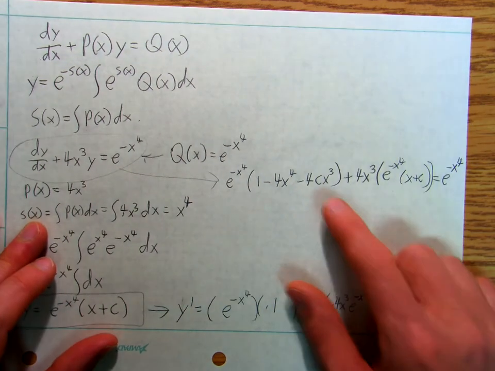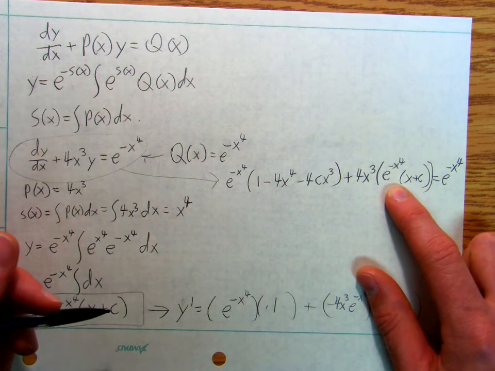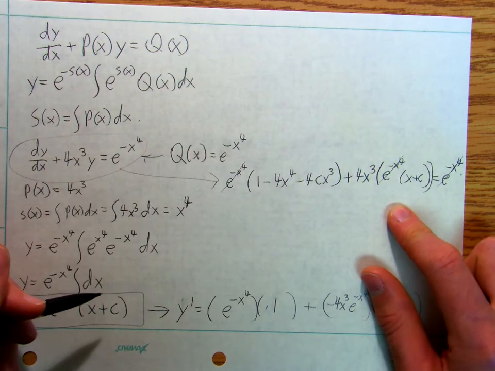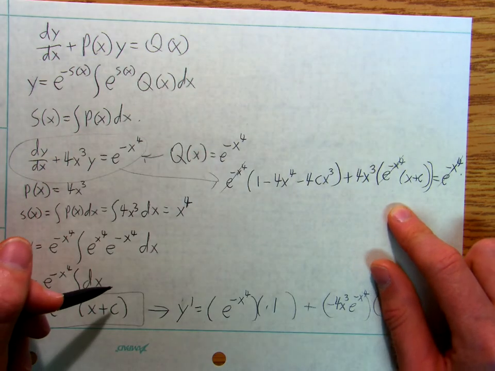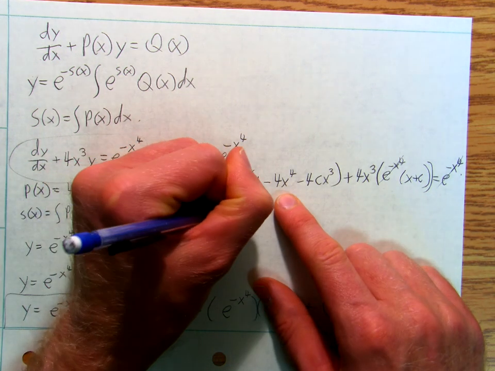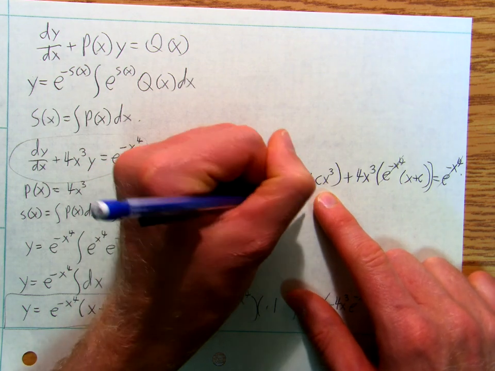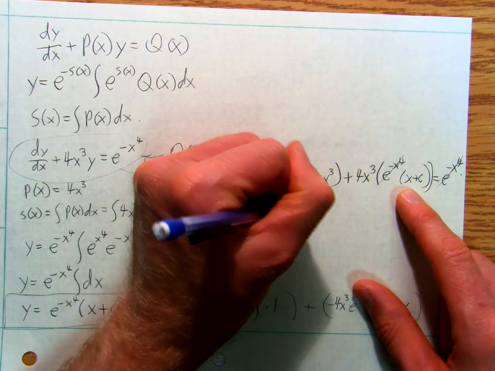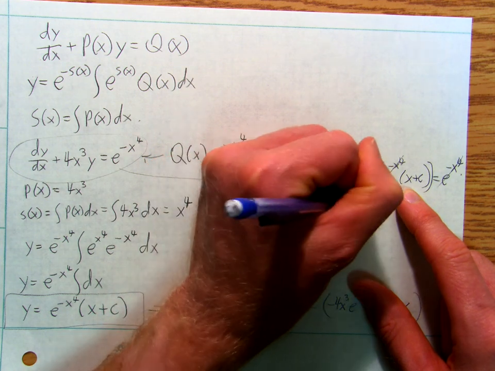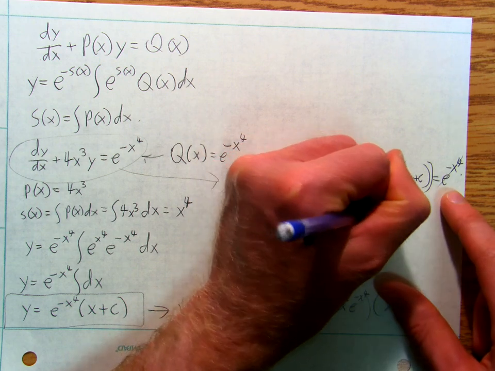Okay, well, everything's got an e to the negative x to the fourth. So I'm going to cancel that out because everything's got it. So now I've got 1 minus 4x to the fourth minus 4cx cubed plus 4x to the fourth plus 4cx cubed equals 1.